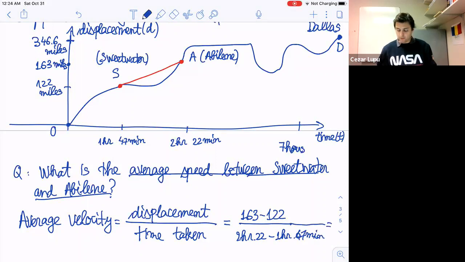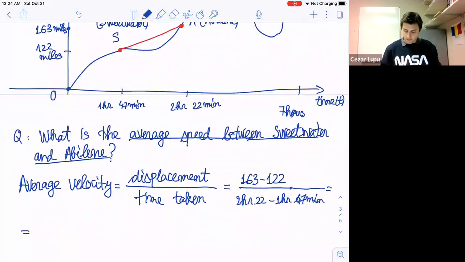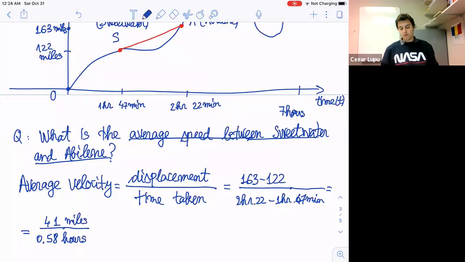So if you do the math here, this will be 41 over how many hours? It is less than 1 hour, so it's 58 minutes, 0.58 hours. So this will be 41 over 0.58 hours. So this would be something like around 70.7 miles per hour.